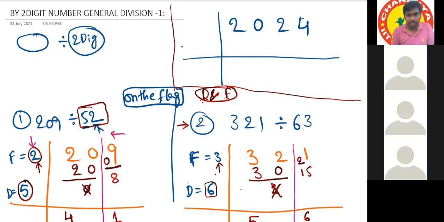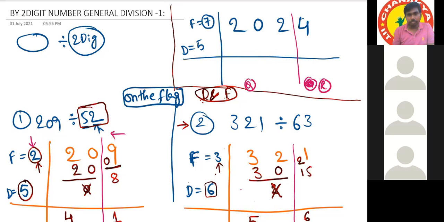In that 57, 5 is the divisor and 7 is the flag. The flag consists of only one digit, so from right to left we have to go. One line will go, 4. This will be the quotient part and this is the remainder part.